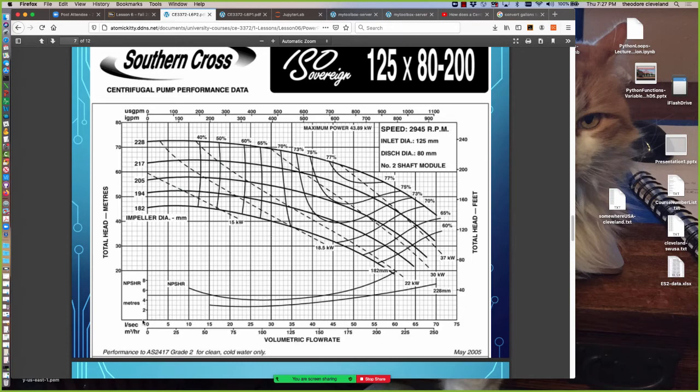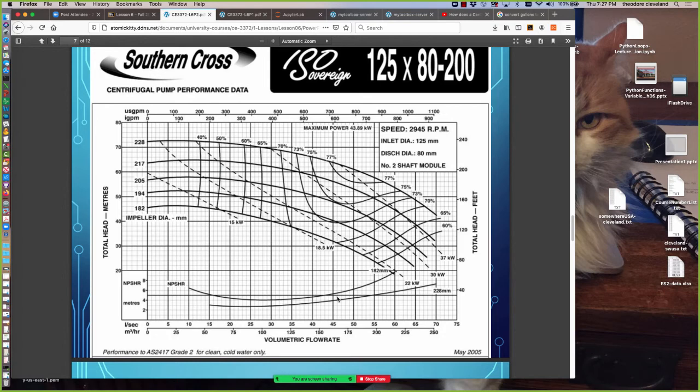So in this one, these are the suction heads that are required on the suction side for a 228 millimeter, the biggest impeller, and 182 millimeter, the smallest impeller. And so let's go back to our 75% operating point, and that was on the intermediate impeller.